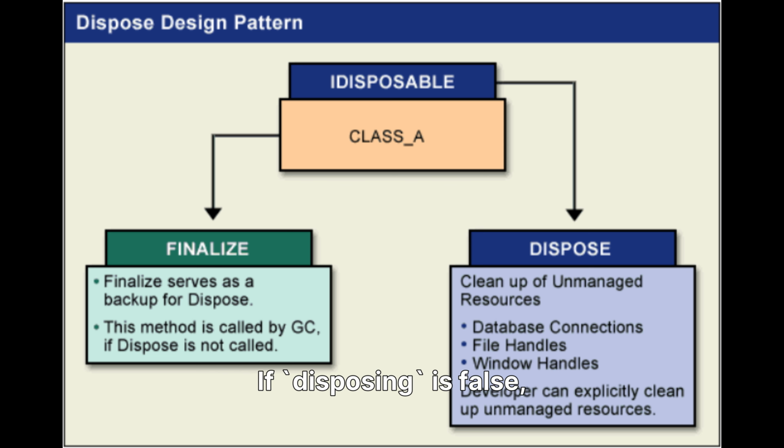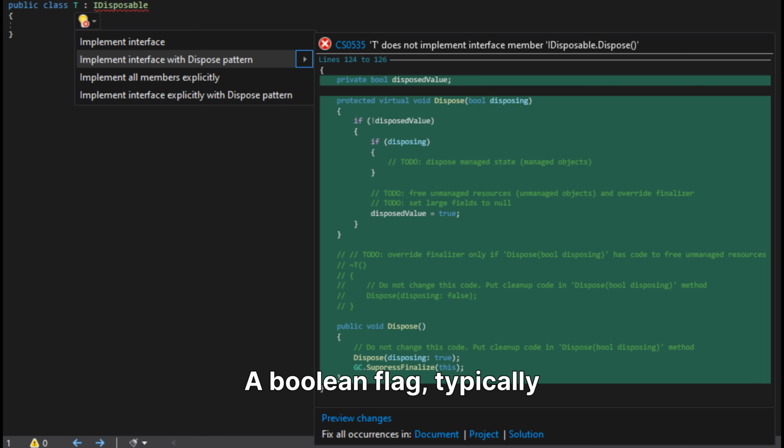If disposing is false, meaning it's called from a finalizer, only unmanaged resources are released, as managed ones are already gone. A Boolean flag, typically named disposedValue, is used within the dispose pattern to prevent multiple calls to Dispose. This ensures that cleanup operations happen only once, avoiding potential errors or redundant resource releases.